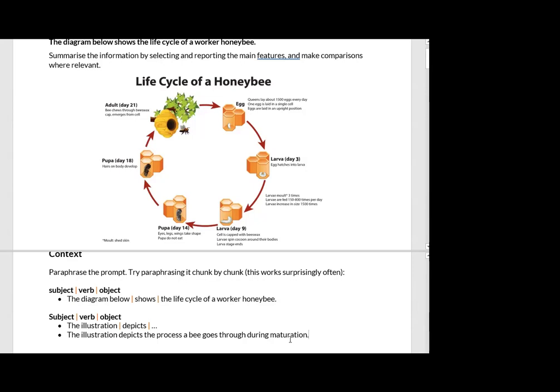What do you notice that's in the description provided that's missing from what you've written here? It's a minor but important detail. Honeybee. What kind of honeybee? Worker. Yeah. I would just keep that from the original.